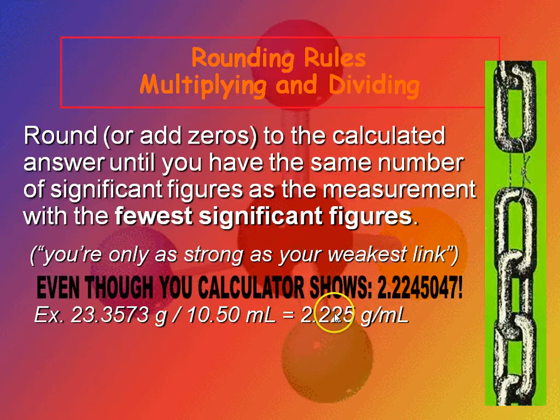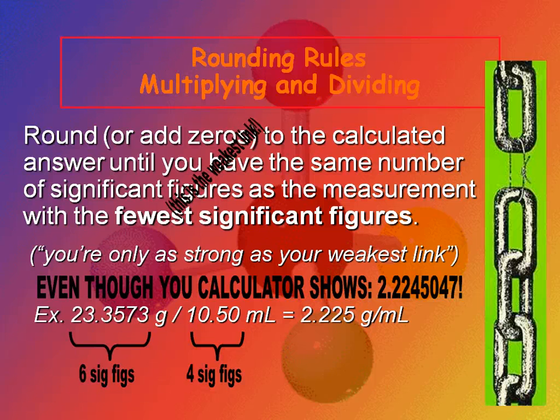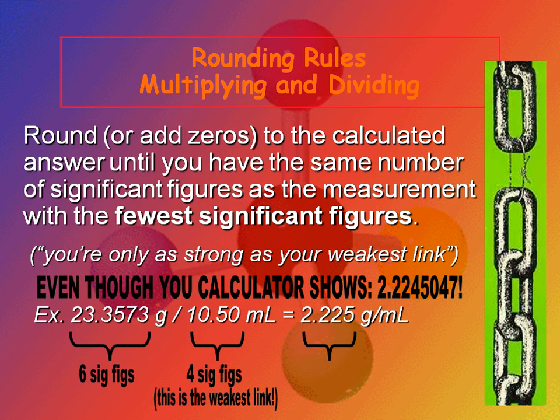So my final answer has to have 4, even though my calculator shows 2.2245047. I'm going to scale it back to only 4 significant figures. 6 sig figs, 4 sig figs, that's the weakest link. So our final answer has 4 sig figs.